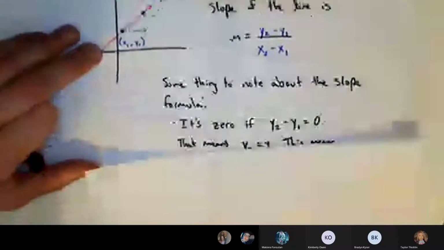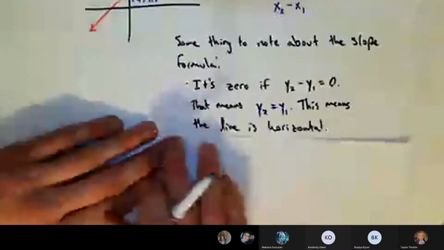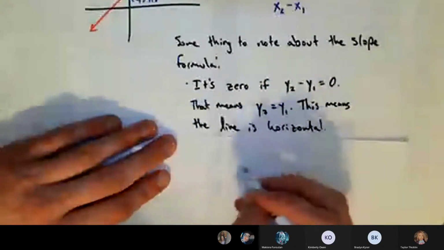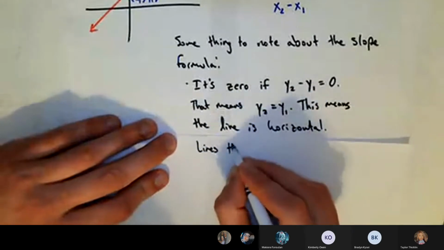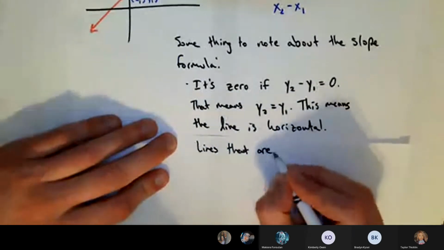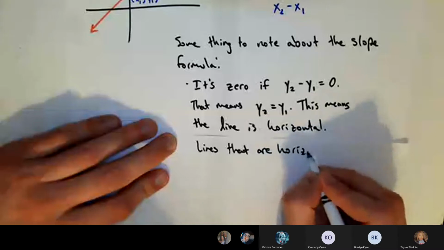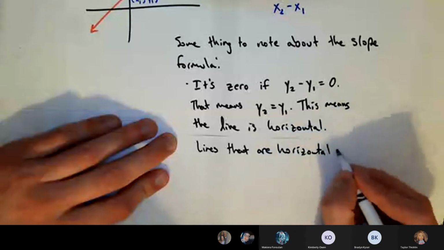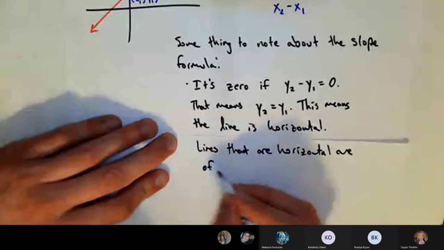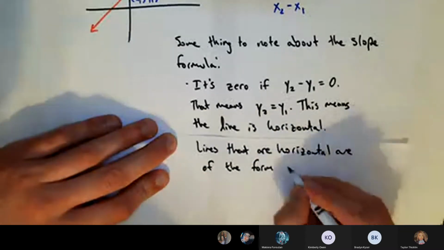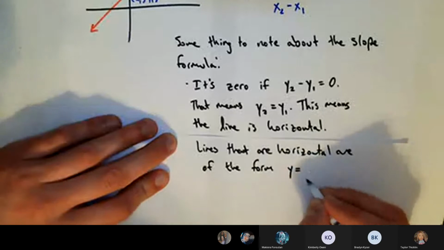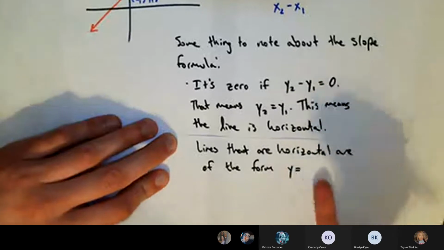Okay, and one more note is that lines that are horizontal are of the form, what does the equation look like? y equals some generic number.